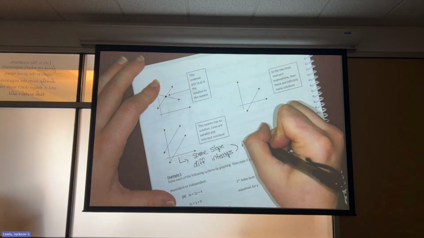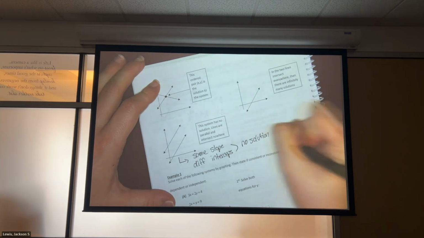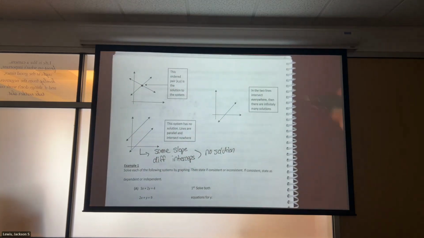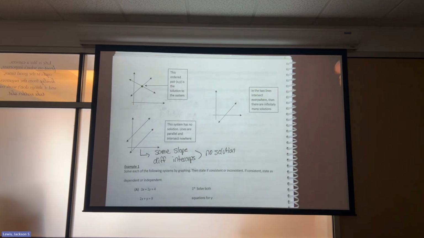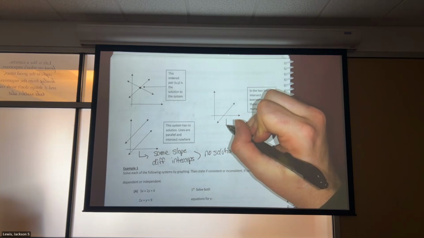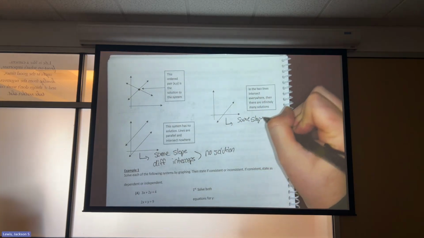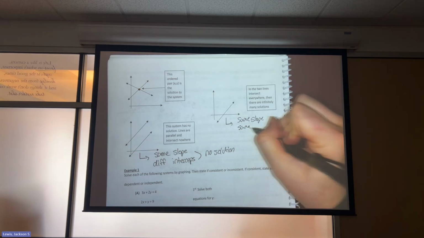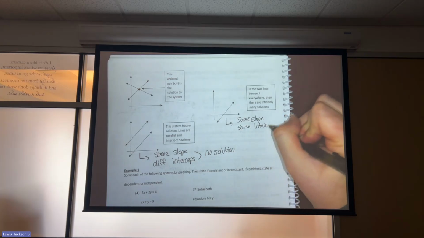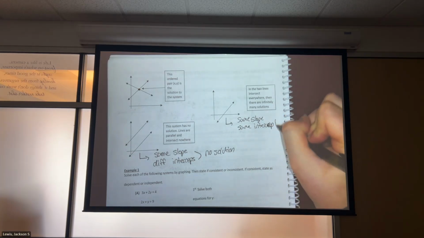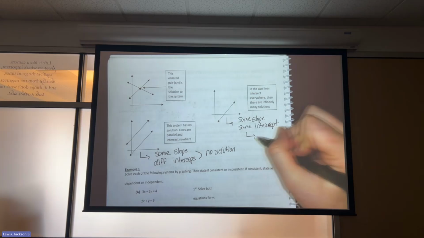That means there's no solution. And if they intersect everywhere, there's infinitely many solutions. This is same slope and same intercept. That's infinite.